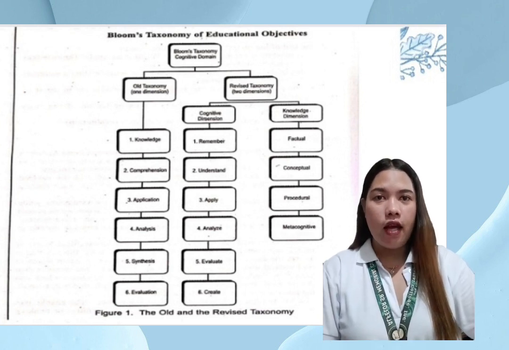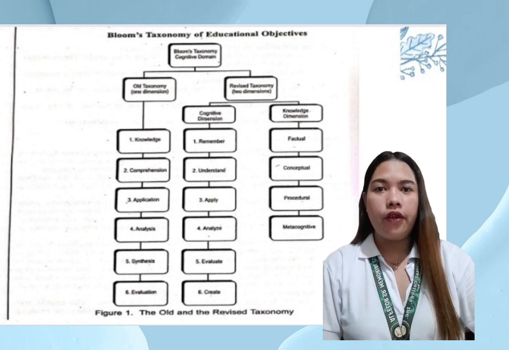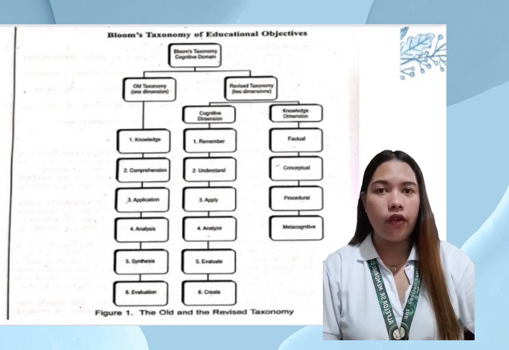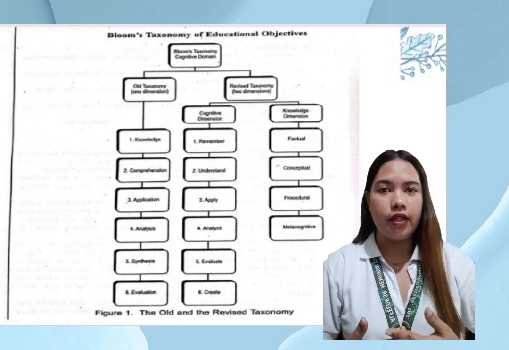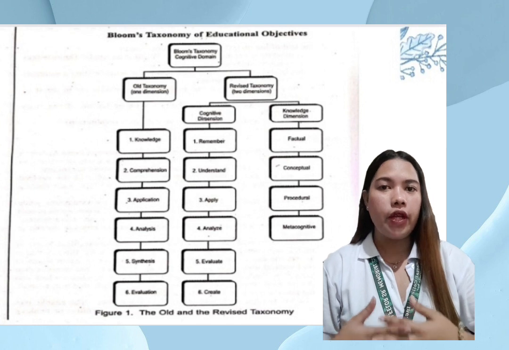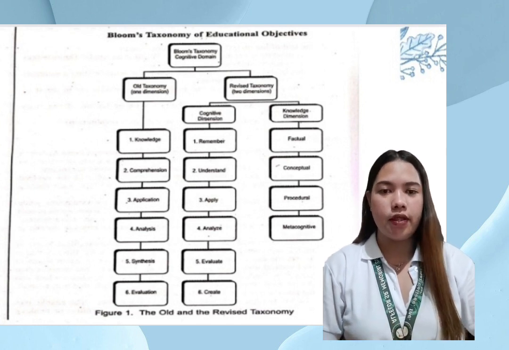Next, the analysis. At this level, learners break down complex information into its constituent parts and examine the relationships between them. It involves identifying patterns, organizing information, comparing and contrasting different elements, and recognizing underlying structures or principles.